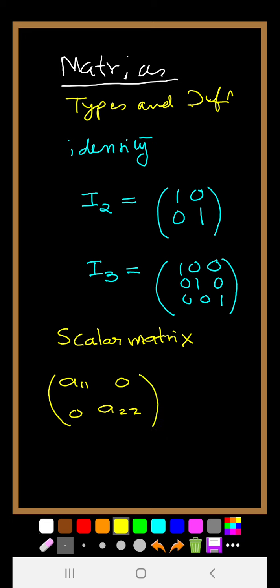That means it only has scalar values as its diagonal elements. It could have been A11 as well, or rather A. So this would be nothing but A into I2.